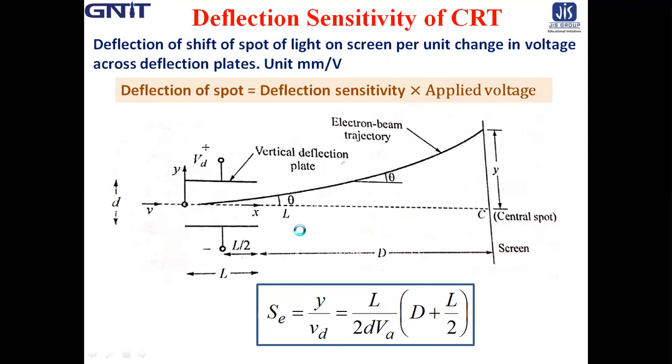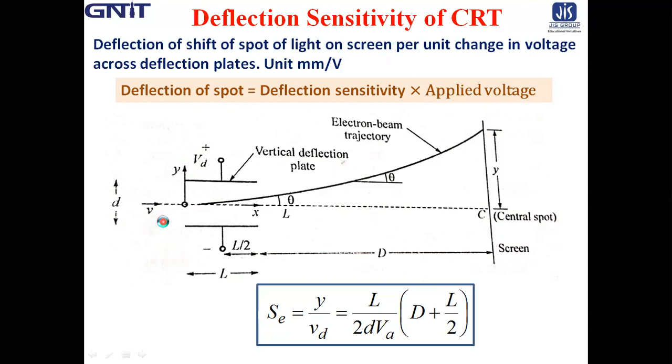So, this figure shows the trajectory of the electron beam. Let us consider that the electrons enter the vertical plane with velocity v due to the applied anode voltage Vd.